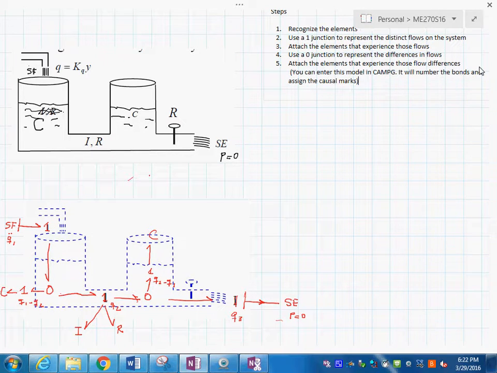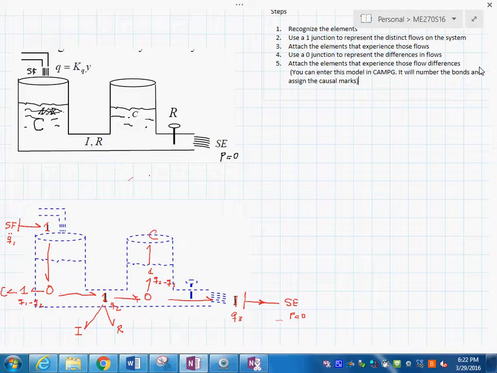You could simplify the bond graph model so that it doesn't have these ones in here, one here, one in here.